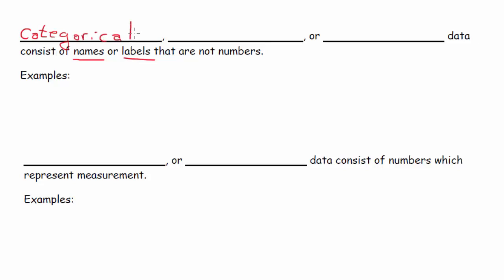Right, so categories. Your book also uses the term qualitative and sometimes uses the term nominal. So when you think about nominal, think about a name or a label. I will use mainly categorical.